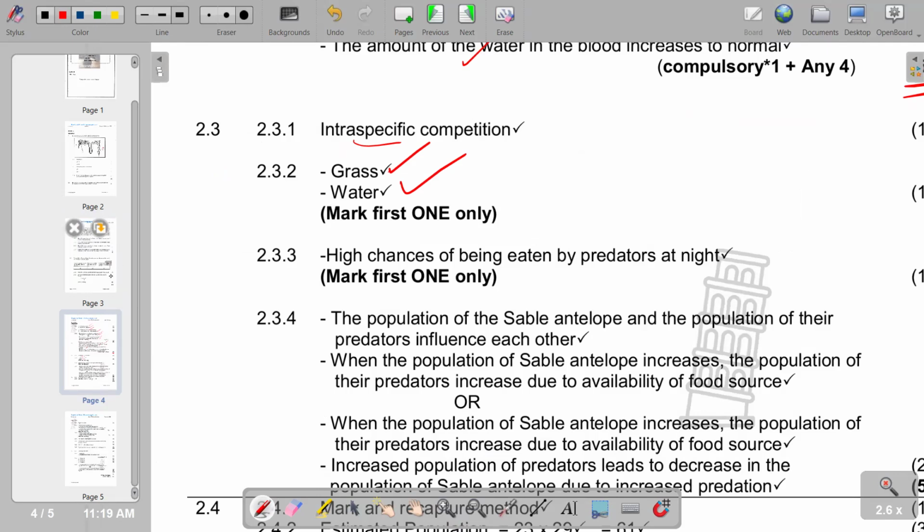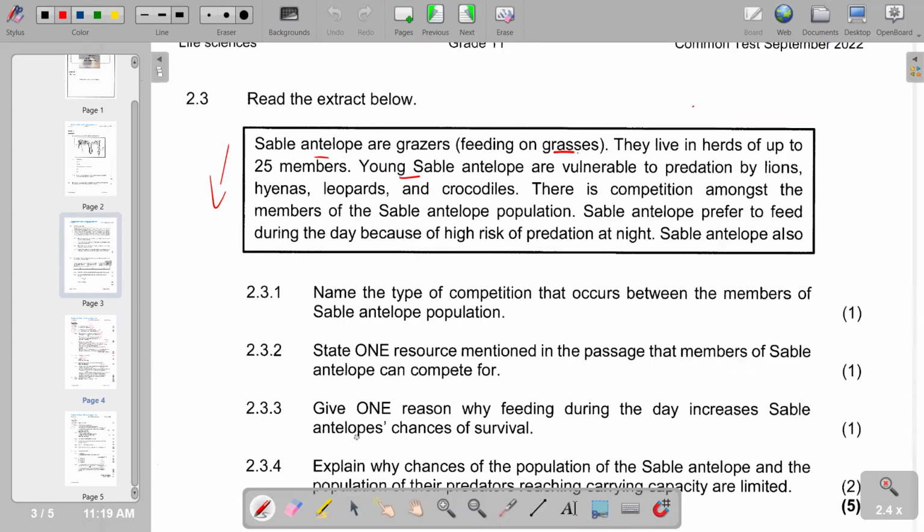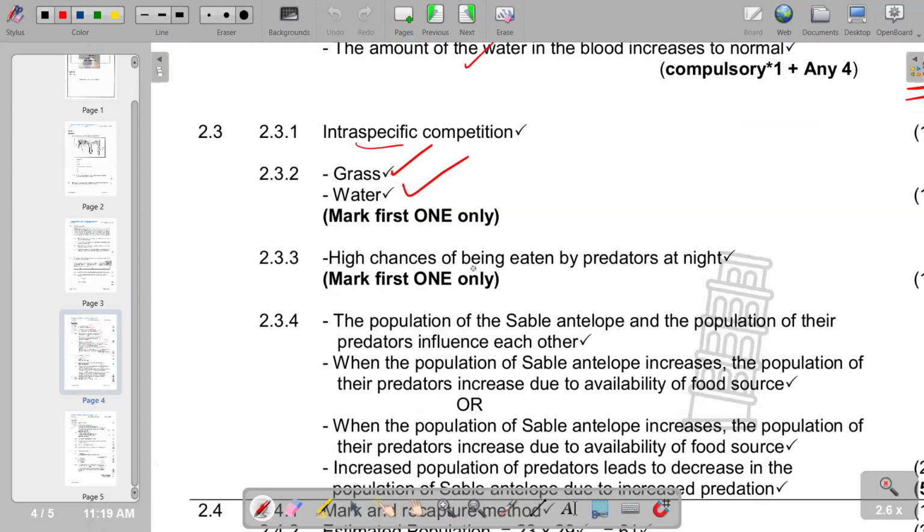We move on to the next part, which is 2.3.3. Give one reason why feeding during the day increases sable antelope's chances of survival. You'd see that there are high chances of being eaten by predators at night. Obviously at night, there are high chances that there are predators. So that's what we have on that one.